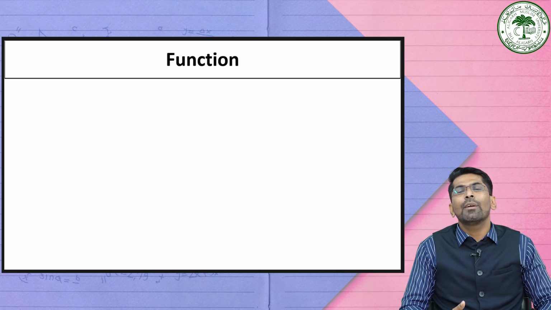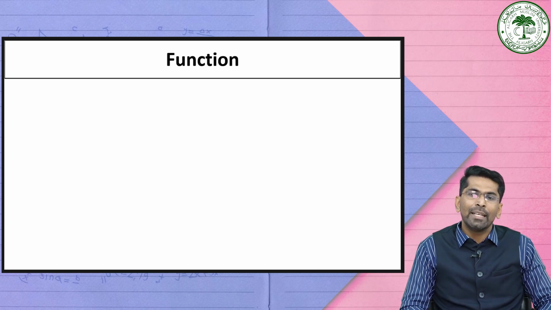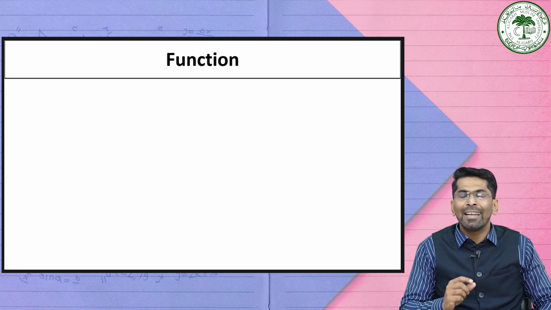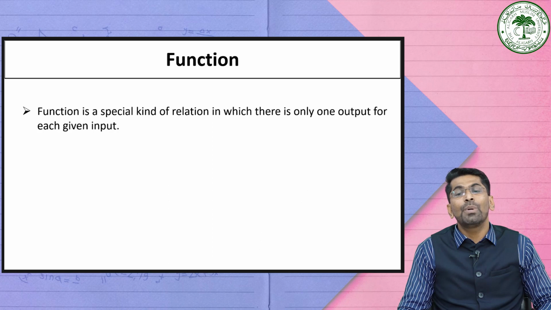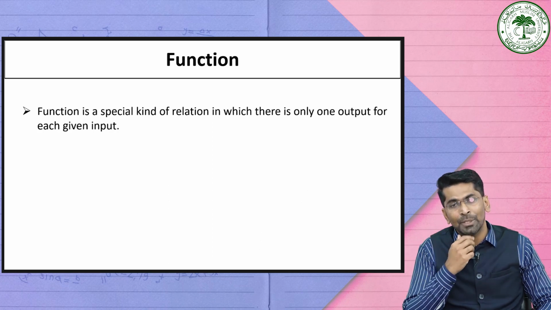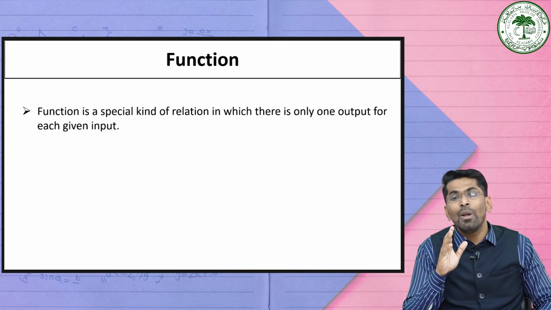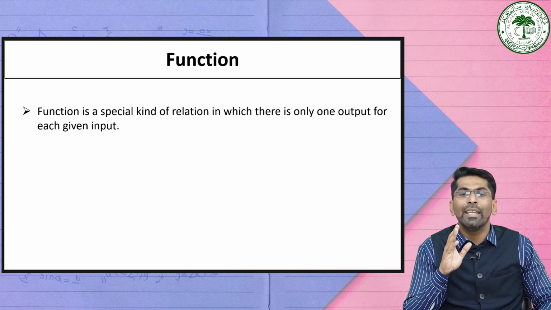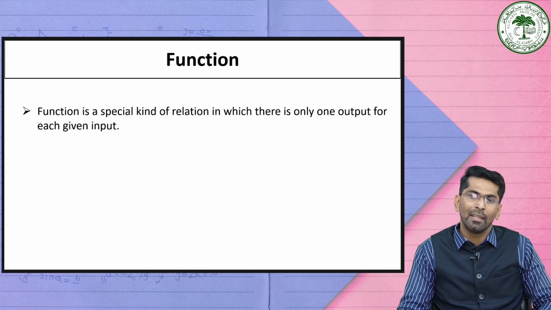In the last lecture, we discussed and differentiated the concept of relation and function. And we defined a function as a special kind of relation, or a well-behaved relation, in which there is only one output for each given input.